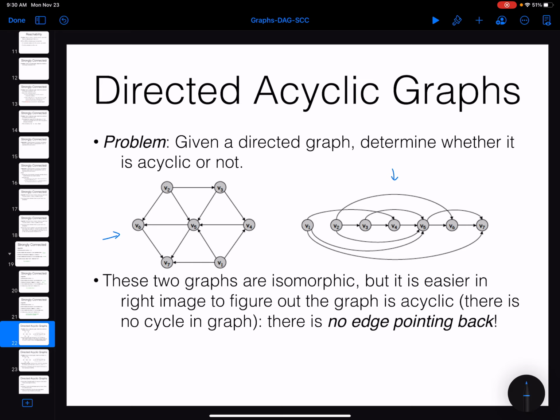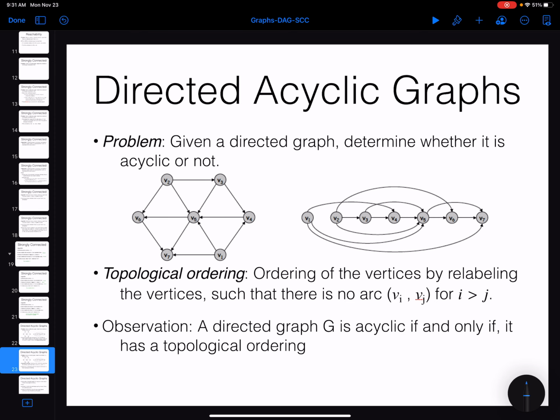algorithms. But before that, I wanted to give you a theorem, or you can also say an observation, a lemma, or whatever, that you can prove. The thing is, if your graph is acyclic, you can create a topological ordering for it, and vice versa. If you can write a topological ordering for a graph, it means that the graph is acyclic.